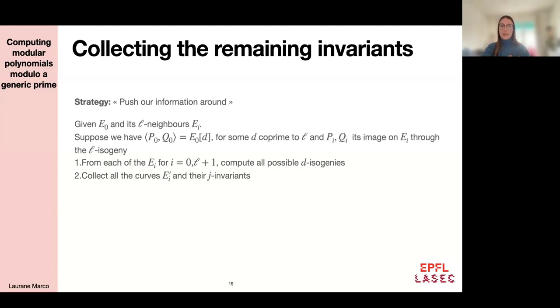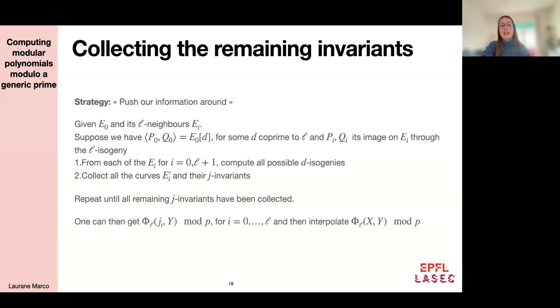You collect the curves and their J invariants, and you repeat that until you've gathered enough J invariants. Then you get phi L of Ji Y for enough Ji's, and you can interpolate your full modular polynomial, phi L x y mod p.